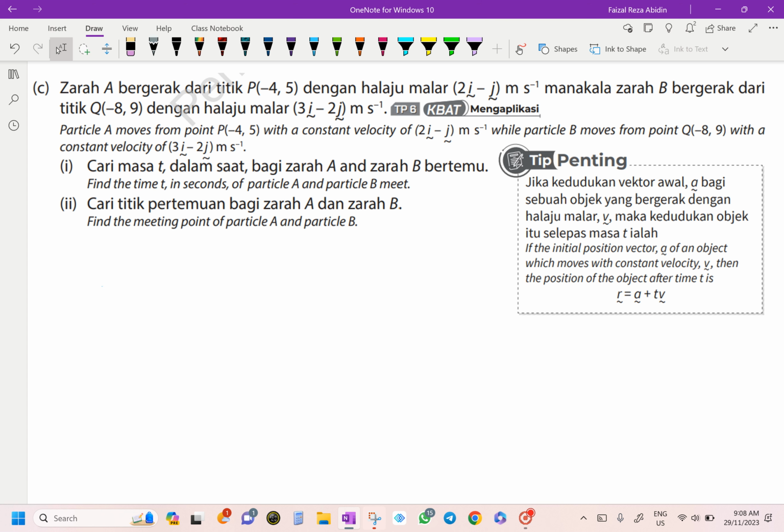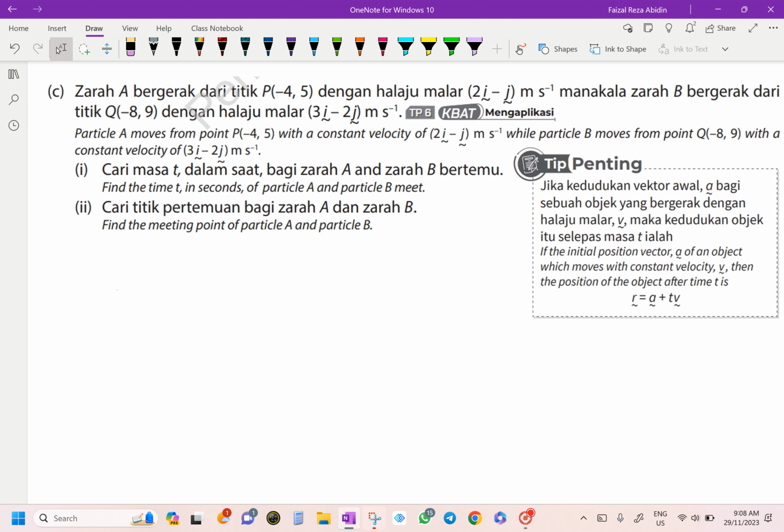So for the points given, what we are going to do first is have point P first. Point P is going to be negative 4i and also 5j, isn't it?